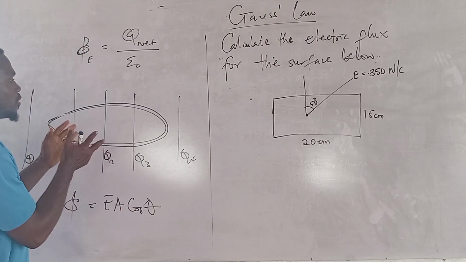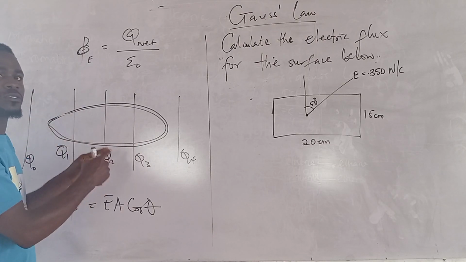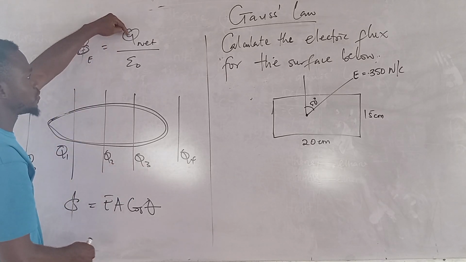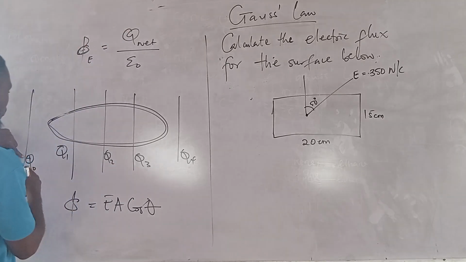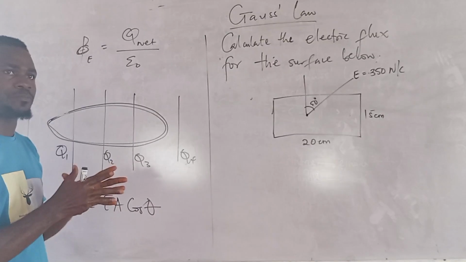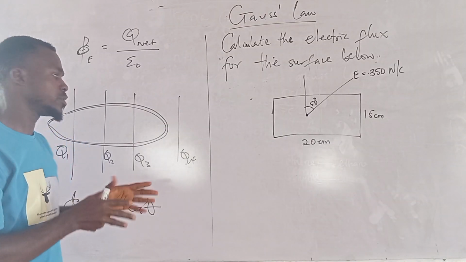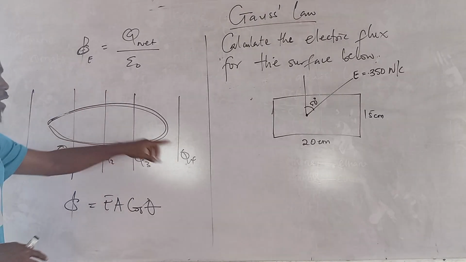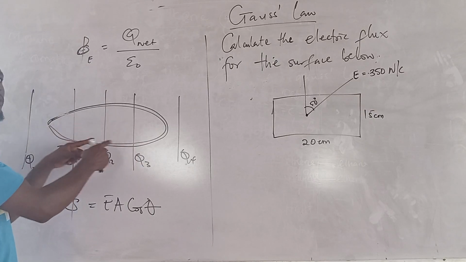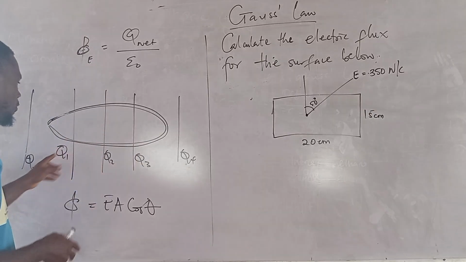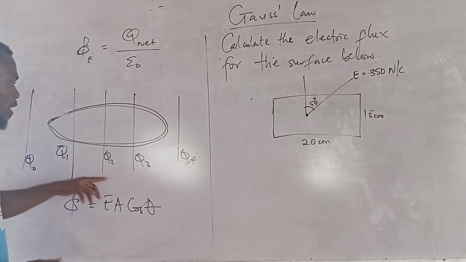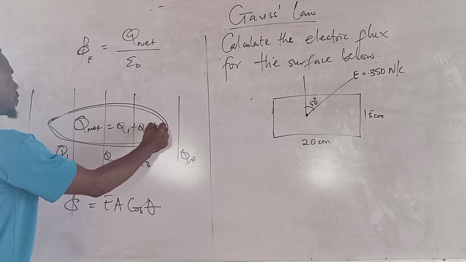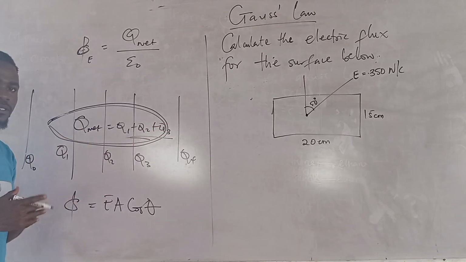The net charge is made up of the charges enclosed by the closed surface. So Q1, Q2, and Q3 correspond to the net charge. Q0 and Q4 are not part of it because they are not inside the loop, so we don't include them. The net charge through the closed loop is Q1 plus Q2 plus Q3.